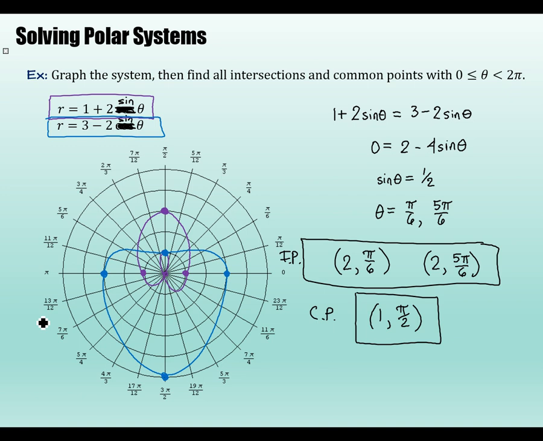If you plug pi over 2 into the purple equation, what do you get? Well, you tell me, I haven't actually done it yet. Let's see. If you plug pi over 2 into the purple equation, what do you get?